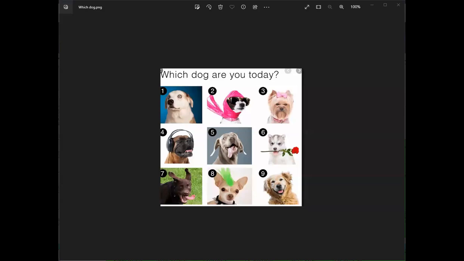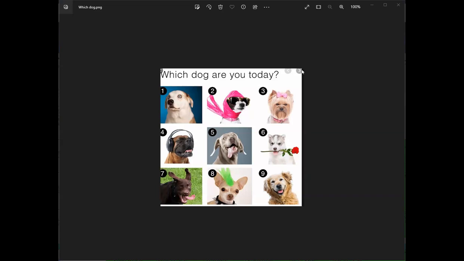The photo is a photo of dogs with different expressions and different moods, and it says, "Which dog are you today?" So this is just a visual icebreaker that the instructor was using to just kind of start the class, get people talking, and to kind of see as a check-in, how are people feeling today? This is what it meant by choose your dog.